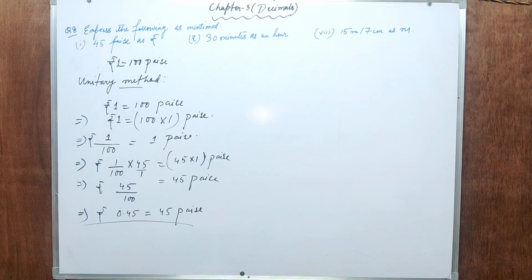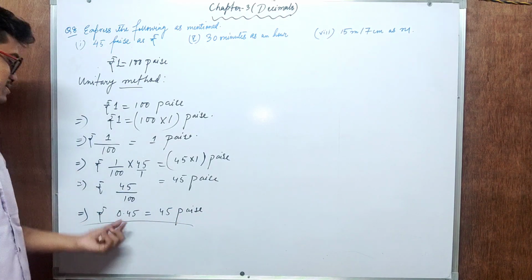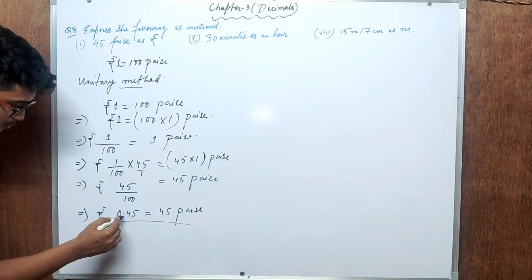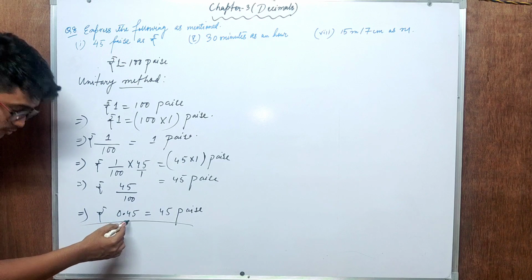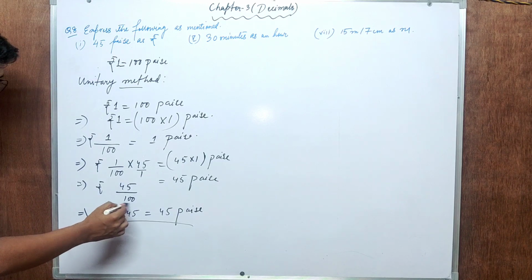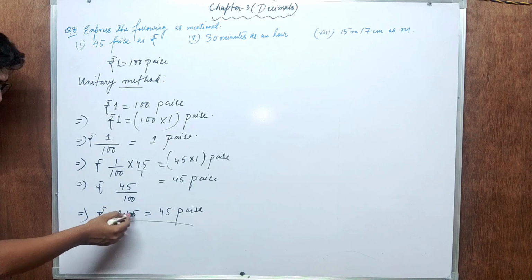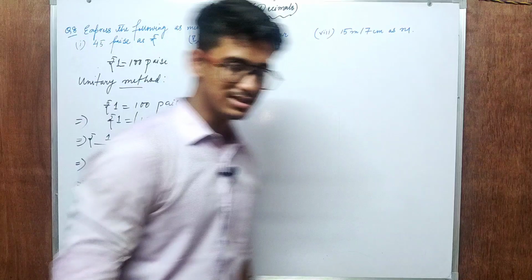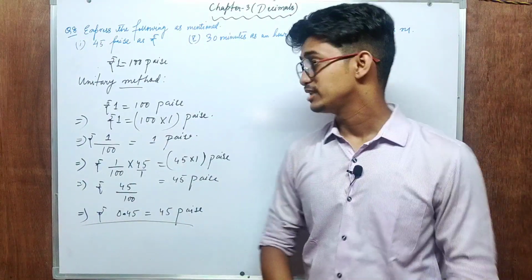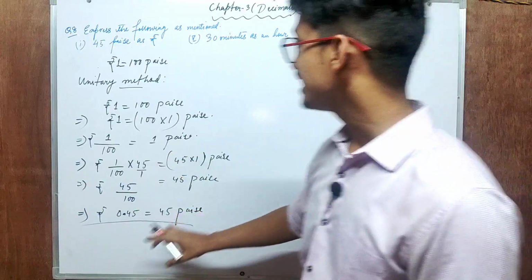What did I do? Nothing else. Here 2 zeros are there, so I am putting the point before 2 numbers. Here how many zeros are there? 2 zeros. So before 2 numbers I am putting the point, and that's how we deal with the decimal part. So that's about the first question.